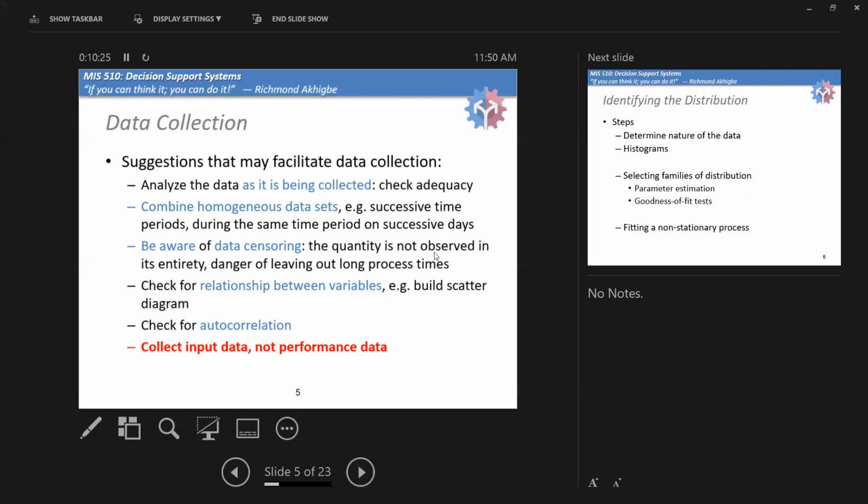So you can merge them together. If you're doing it in exactly the same time slot, same location, same person, and you're doing it the next day, where arguably it's the same situation, then you can also combine those homogeneous data sets together.